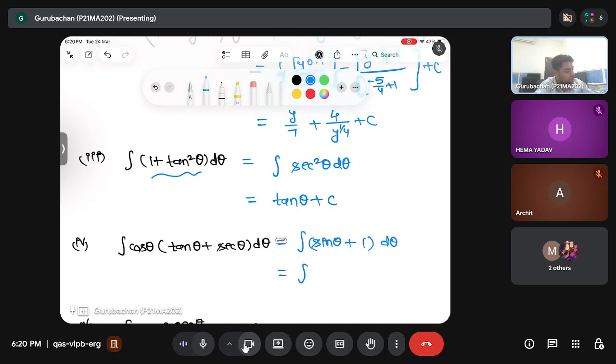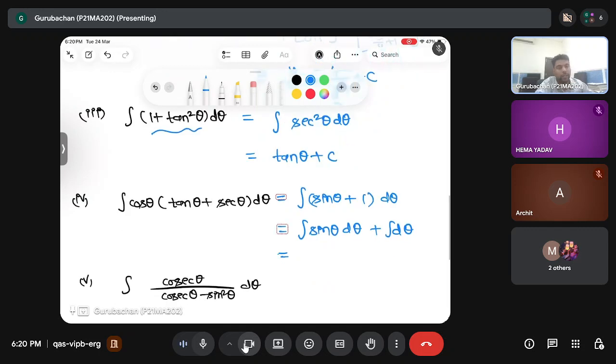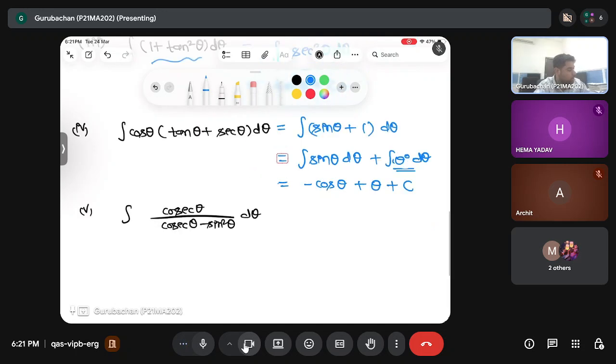Now you will integrate them like this. Now recall, what is the differentiation of cos theta? Minus sin theta. So that means the integration of sin theta will be minus cos theta. And here d theta. Here you will write theta to the power 0 into d theta. So here it will be theta plus constant. Correct?